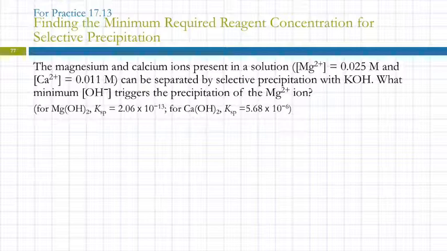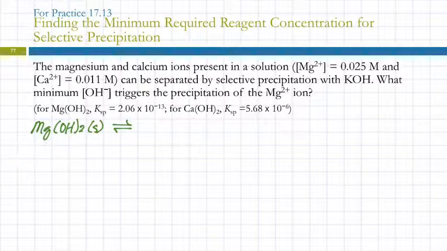Okay, so we've got magnesium at 0.025 and calcium at 0.011. And we need to know what's the minimum hydroxide ion concentration for there to be precipitation. So let's look at KSP for the thing we're going to precipitate.